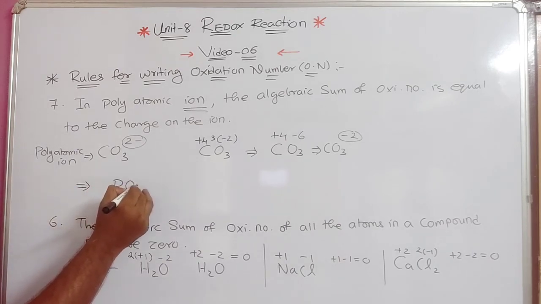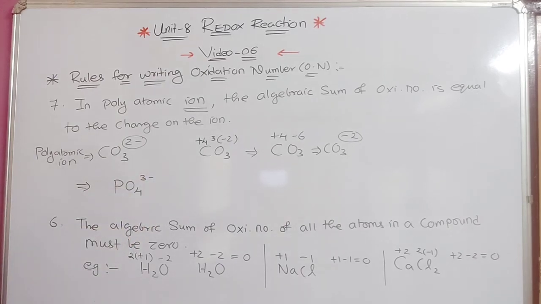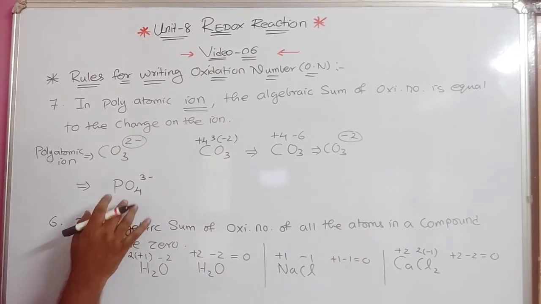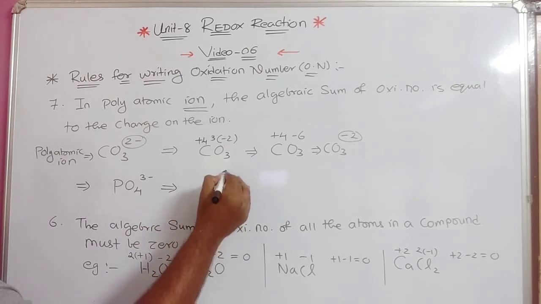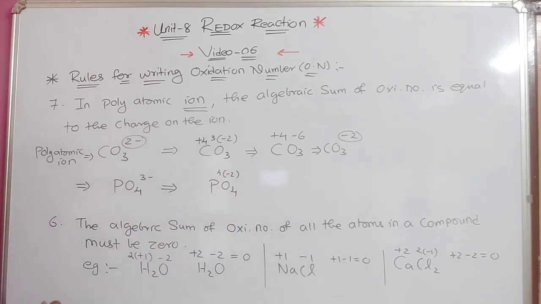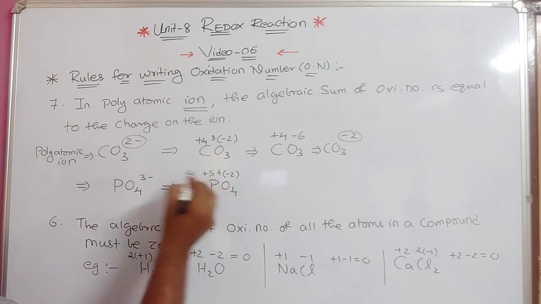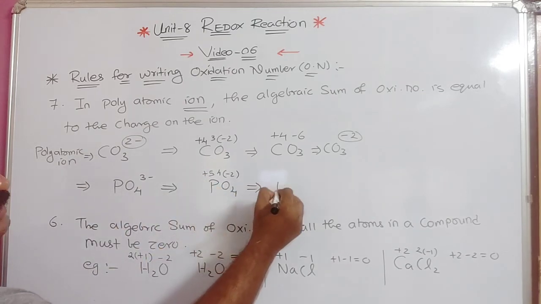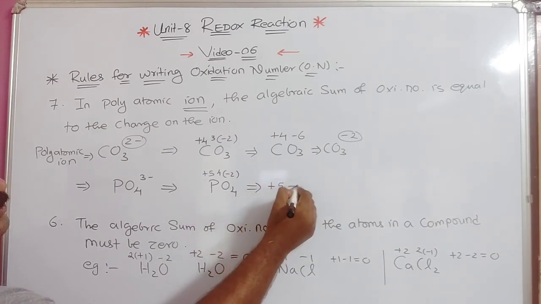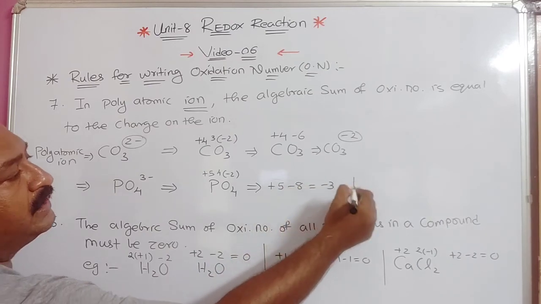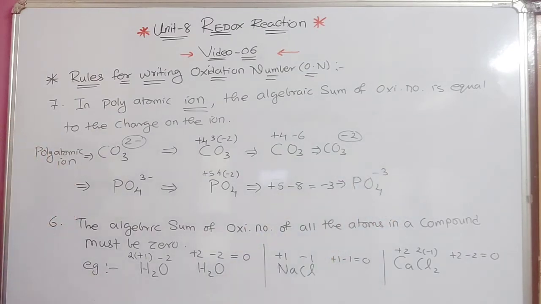In PO4 3-, oxygen is -2 into 4, that is -8, and phosphorus will be +5. So the algebraic sum is +5 and -8, which is equal to -3. Therefore the algebraic sum of a polyatomic ion is equal to the charge on the ion.